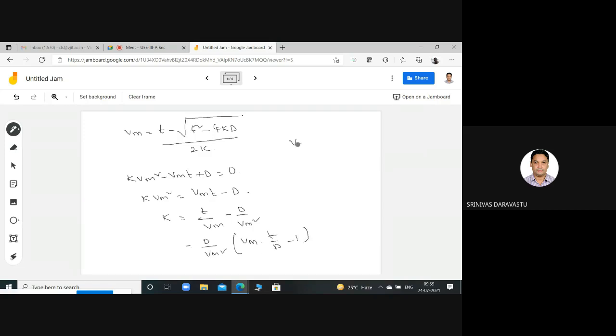Now let us assume average speed equals total distance traveled by the train divided by actual time of run. So we can write k equals D by Vm square into Vm by Va minus 1.